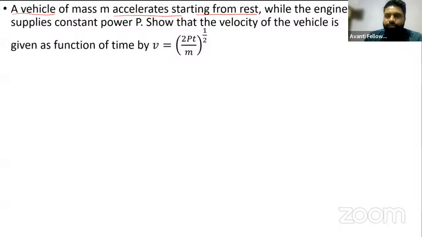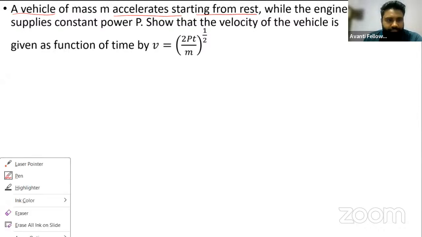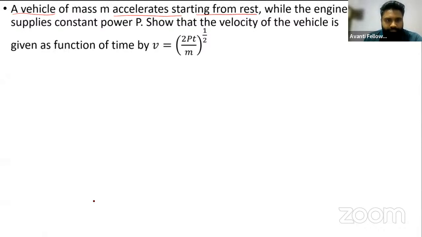Now, move back to this question. In this question, a vehicle of mass m is given, which starts its accelerating motion from rest, which means the initial speed is equal to 0.